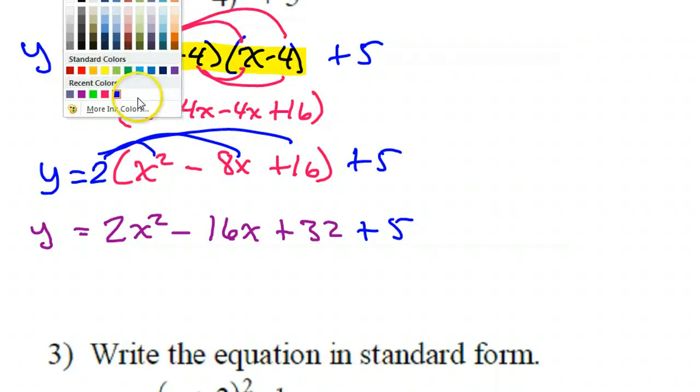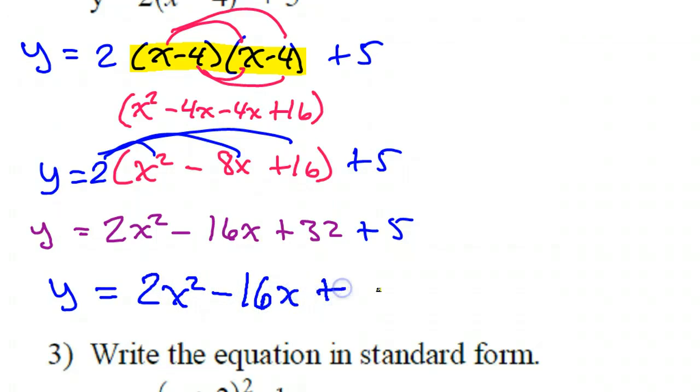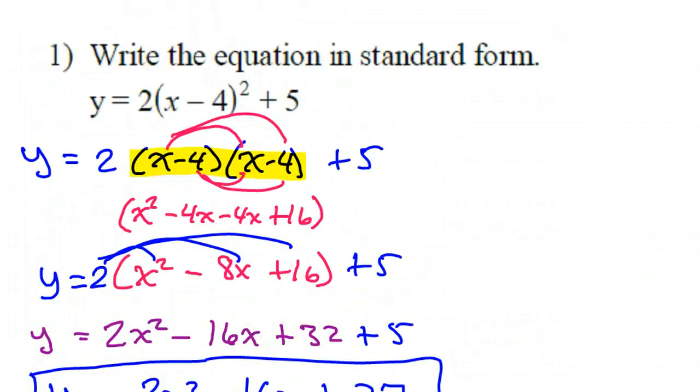So that's the last little bit that has to be done. So the final answer is y equals 2x squared minus 16x plus 37. Alright, and this is your standard form of the same parabola, same equation.